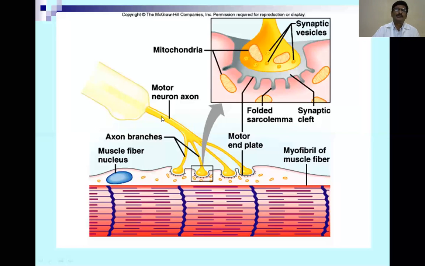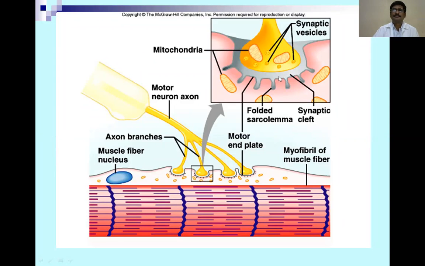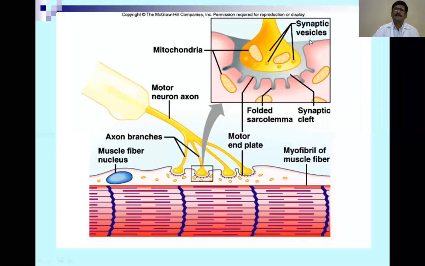So the alpha motor neuron, losing its myelin sheath, gives so many branches. Each branch forms a connection with the center of the muscle fiber, where the muscle fiber undergoes some specialization. The muscle membrane, the sarcolemma, undergoes a little depression and gets thickened. This area is called the end plate. Then the end plate further gives so many foldings, called palisades or subneural clefts, which increase the surface area, and these are the sites where so many acetylcholine receptors are anchored.